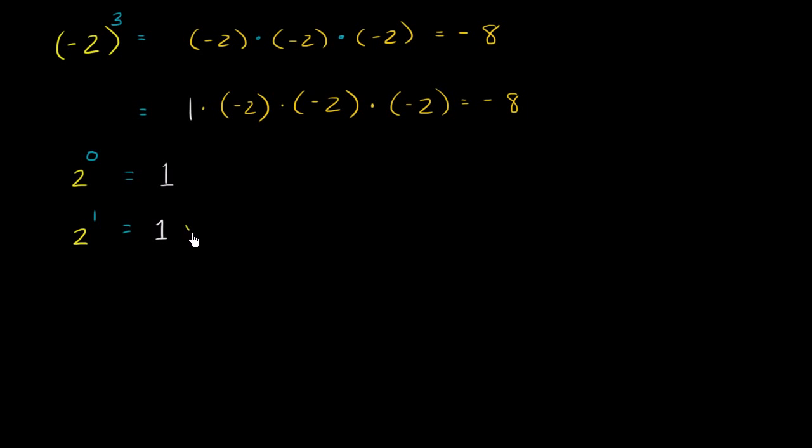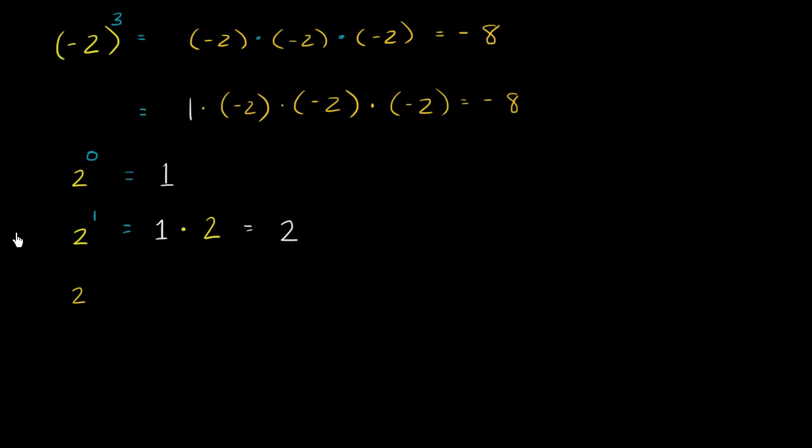I'll use the dot for multiplication. We're only going to multiply it by 2 one time. So 1 times 2, well, that's clearly just going to be equal to 2. And any number to the first power is just going to be equal to that number.